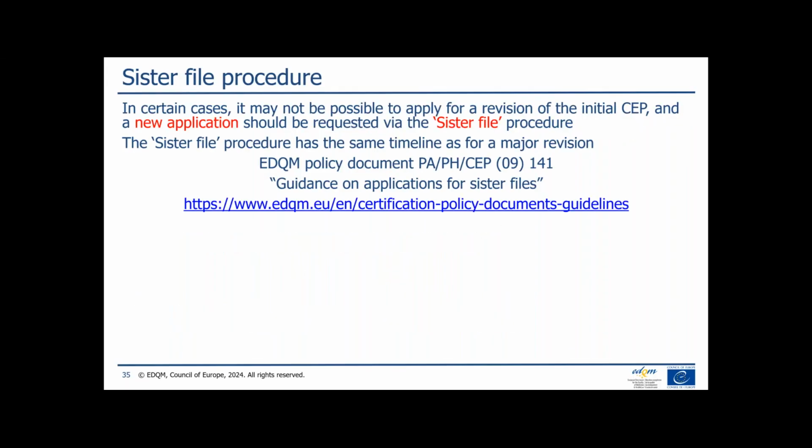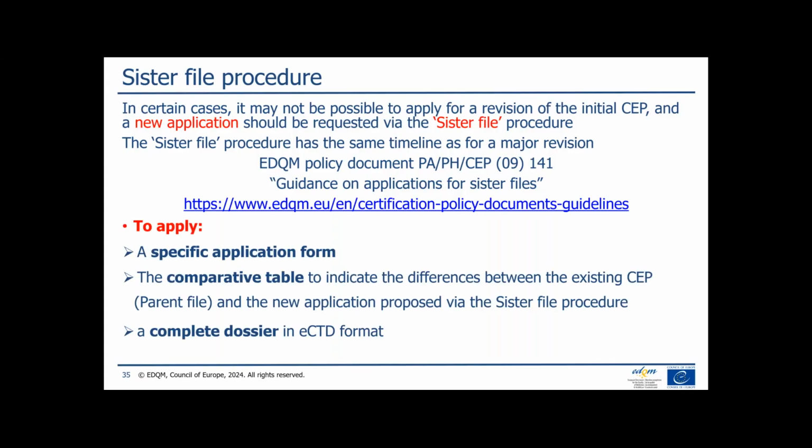Excuse me. Speaking about sister files, in certain cases, as I said, it may not be possible to apply for a revision. Then we go for a sister file. There is a specific guideline for sister file applications. There are certain conditions to be respected.